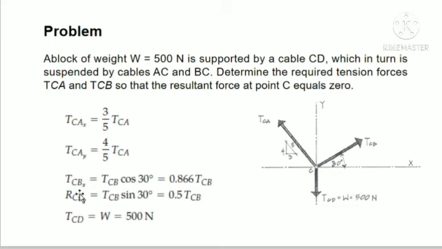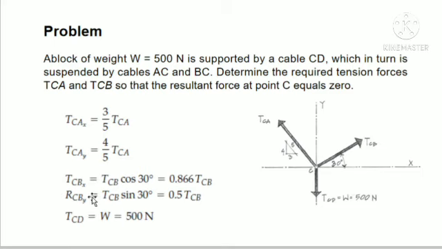Tension CB along X is equal to tension CB times cosine of 30 degrees. So why cosine? Because the angle is adjacent to the X axis. So that is equal to 0.866 tension CB. Next is the resultant CBY.